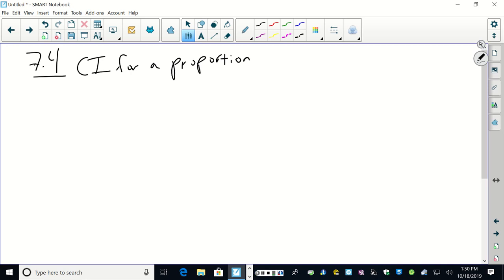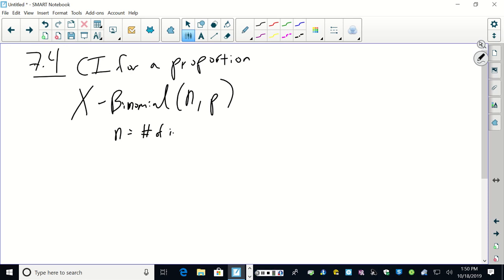So in this case, we're going to say that if x is what we measure, it has a binomial distribution with n trials and probability p. So in this notation, n is the number of independent trials, and our parameter is p, the probability of something happening, so a success on one trial.